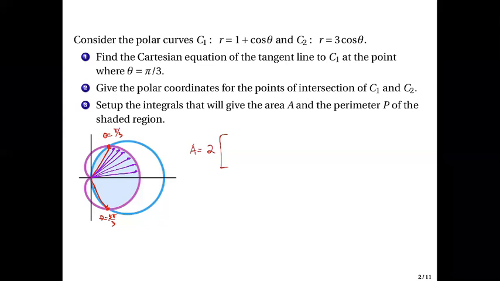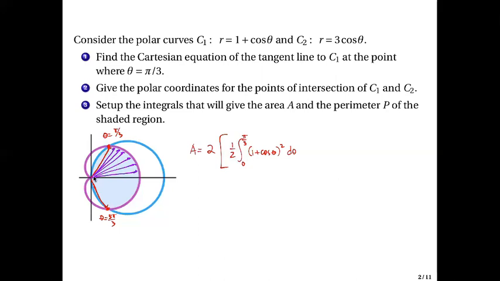The area here is equal to 1/2 integral from 0 to pi over 3, and then the cardioid r squared, correct? So you have 1 plus cosine theta, quantity squared d theta. So you have this shaded region here.